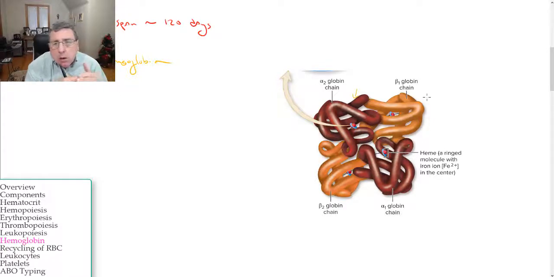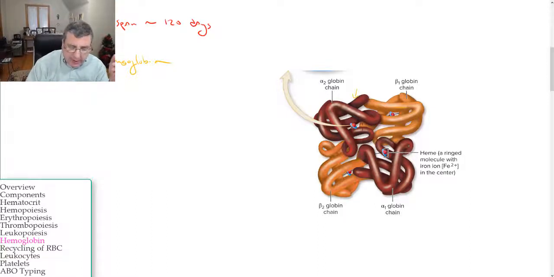There are 2 alpha chain globins and 2 beta chain globins. I'm not so concerned that you know alpha and beta specifically. At the center of the globin molecule, you can see this little tiny Saturn-looking thing. The blue ring in this case is the heme portion, so hemoglobin. The blue ring is the heme, and the larger outer light or dark area is the globin. So that's hemoglobin.